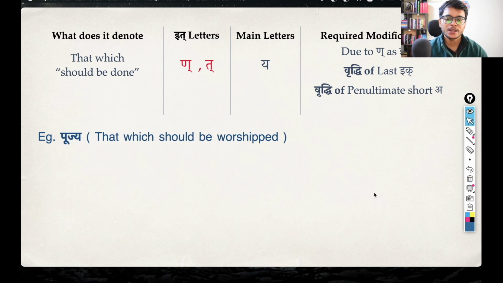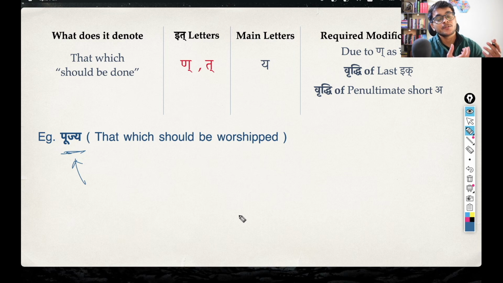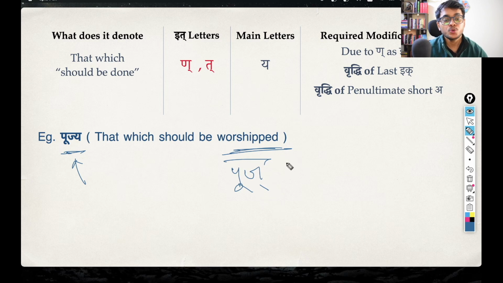Now let us move and take another example. So now see this word pujya. Again, a very common Hindi word, pujya. Pujya means that which is venerable, that which is reverential, basically meaning that which should be worshipped. Okay, in that sense, pujya. Because this is coming from puj dhatu. Puj dhatu again means to worship. We are again modifying this dhatu using nyat pratyay.